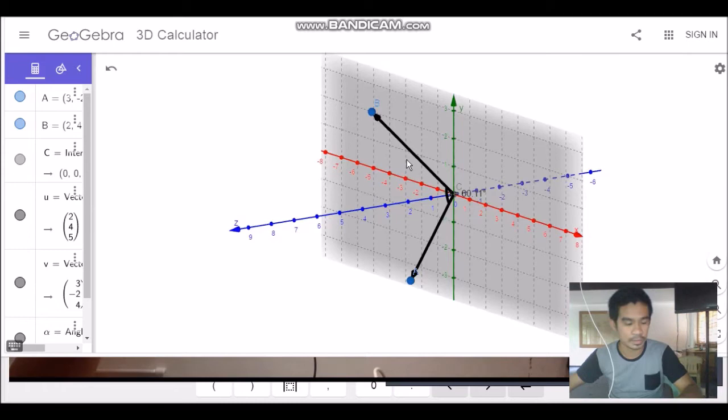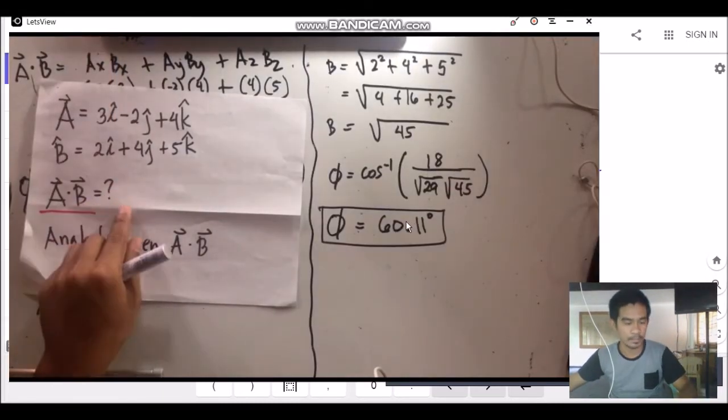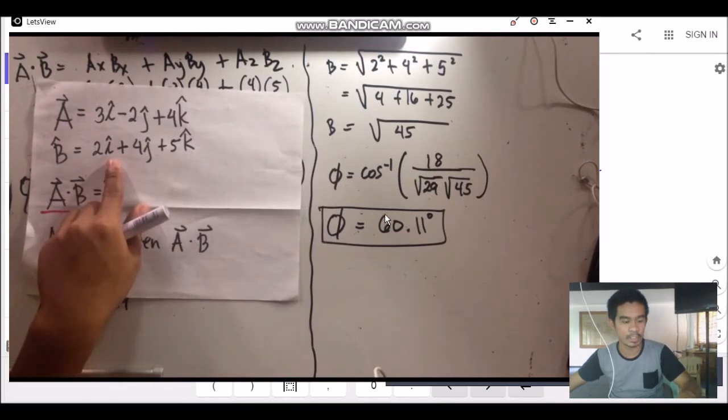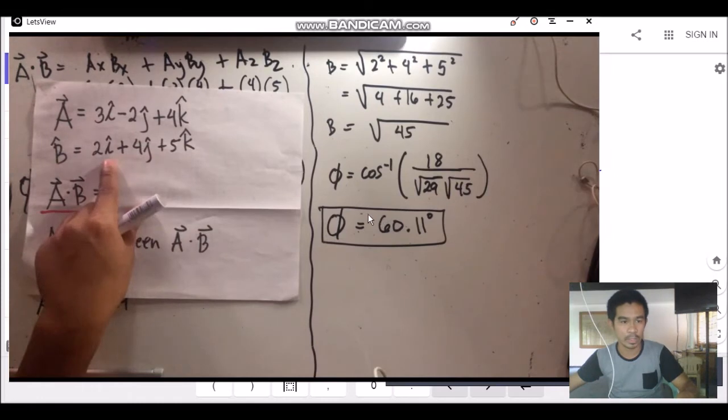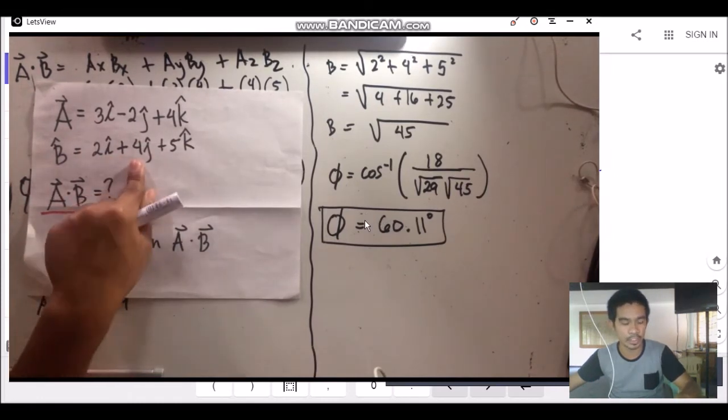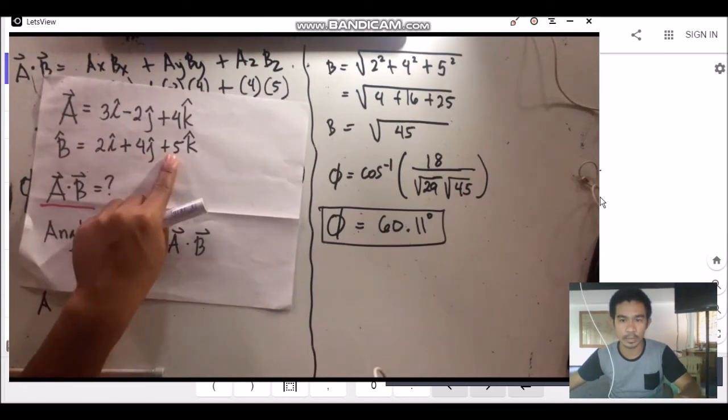And then vector B is 2i hat plus 4j hat plus 5k hat. So it has an x component of 2 units, y component of 4 units, and z component of 5 units.